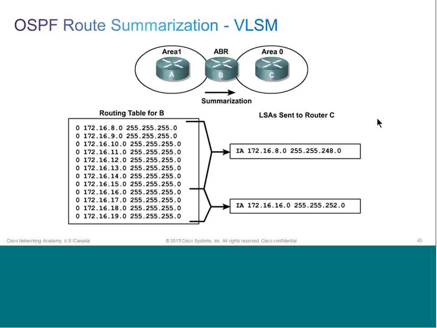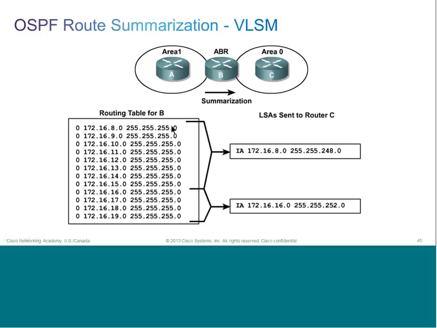We thought we would include a couple of extra summary exercises so that you can practice during this presentation. So if you want to stop the recording and go back and practice, you can. In this particular example, routing table B has all of these routes.